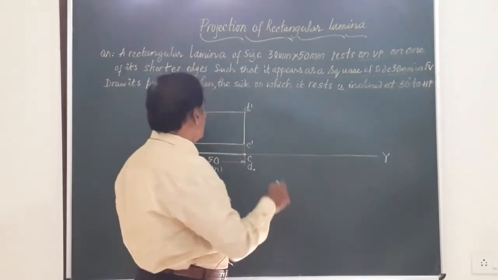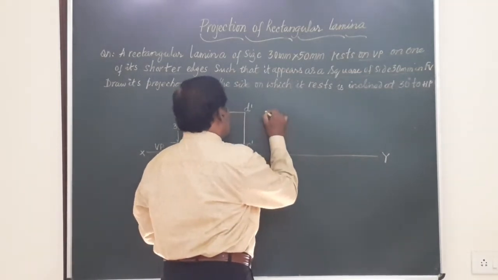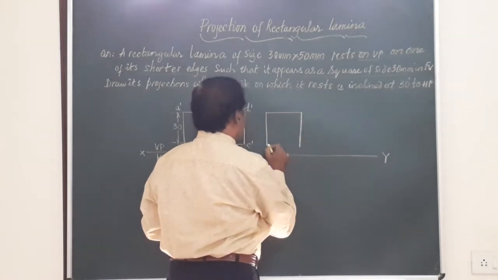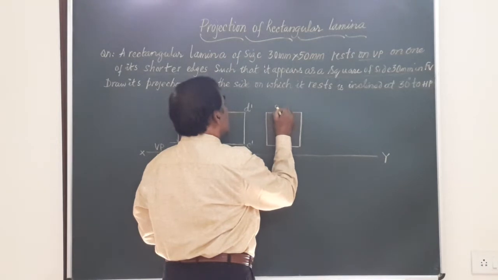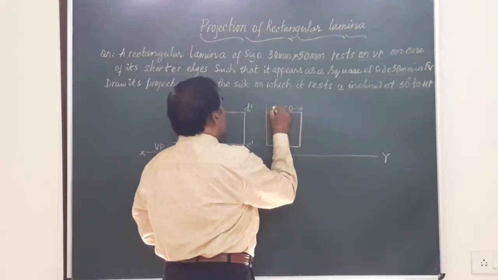So we know the solution. So I will just construct a square adjacent to this at any convenient distance having side measuring 30 mm. I will say this is SQ30. So SQ30 indicates it is a square having 30 millimeter dimension.